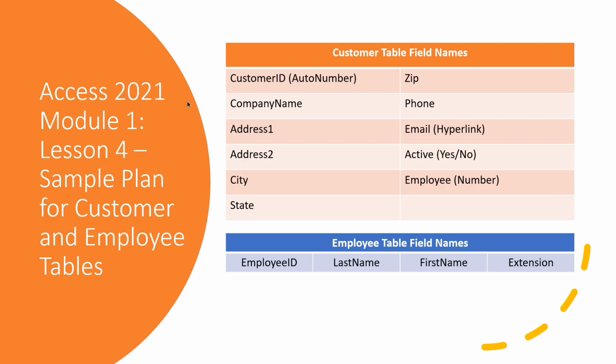Now, in our customer table, we made the employee field, which is going to map to the employee ID field in the employee table, a number field because if employee ID is auto number, when it's referenced in another table, you can't also make it auto number, or it creates a conflict.